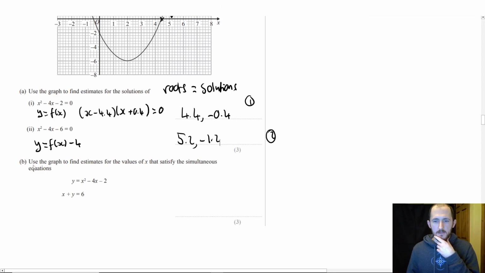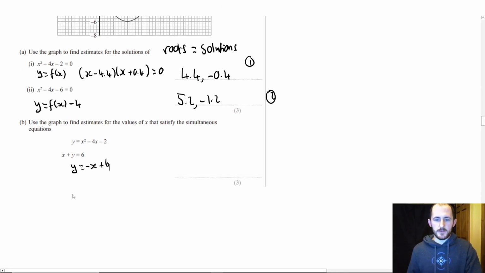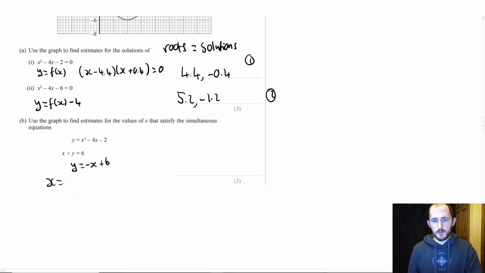And then lastly, find estimates for the values that satisfy the simultaneous equations. We already get given this graph. However, this one is minus x plus 6. So what you need to do is put two values in. When x equals 0, y equals 6. Let's draw that on.